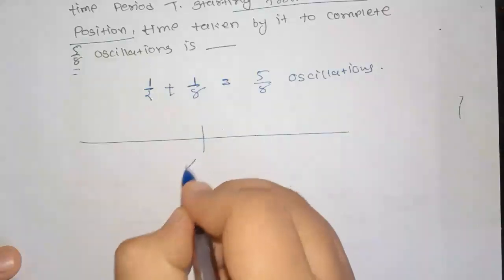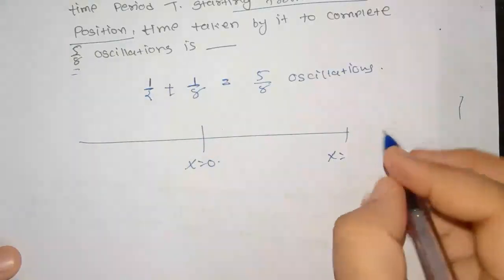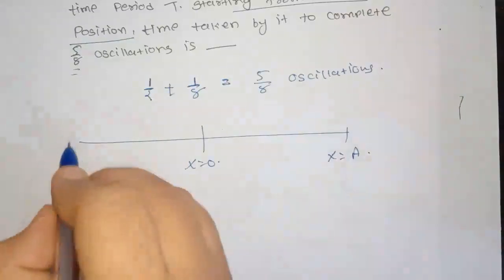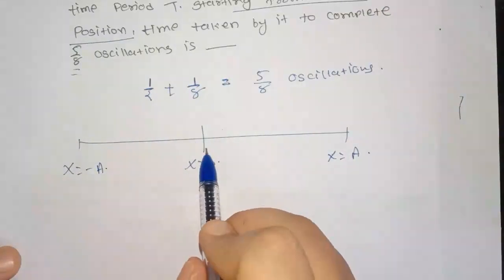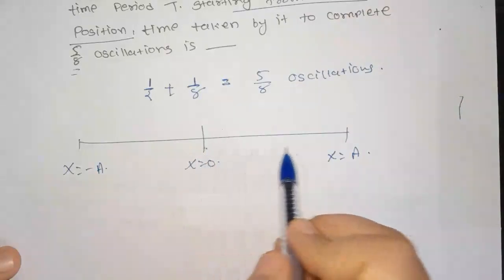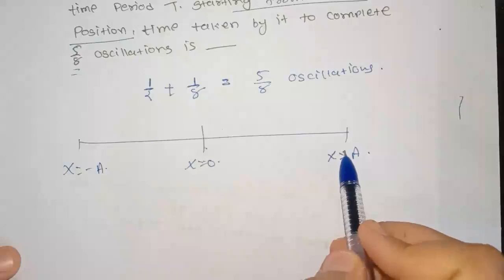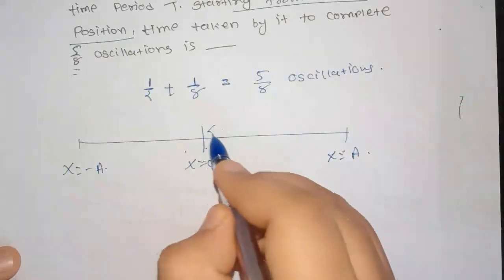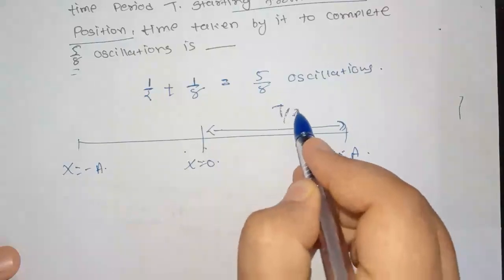It is starting from mean position x is equals to 0, x is equals to plus A, and the other extreme x is equals to minus A. Starting from mean, first it will complete half oscillation. That means from 0 to A and A to 0. That total time will be T by 2.